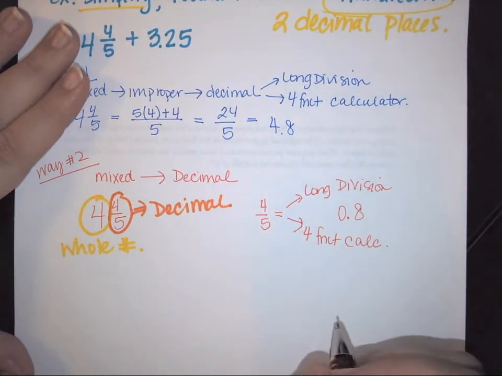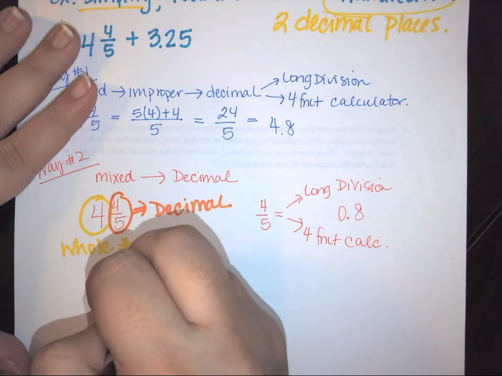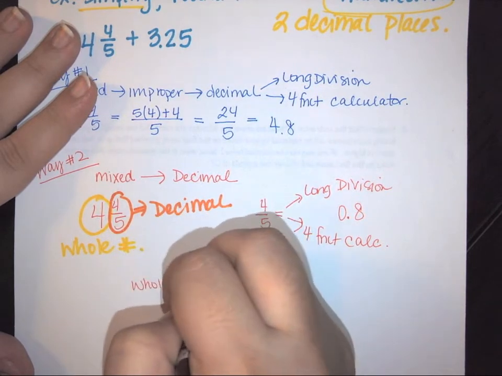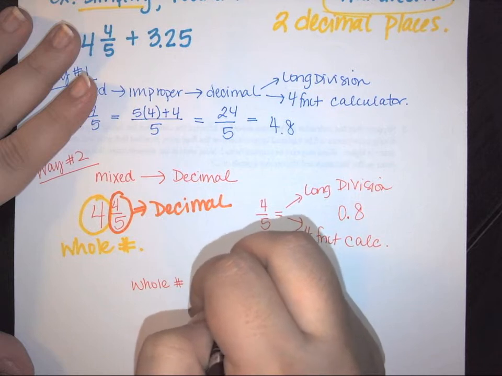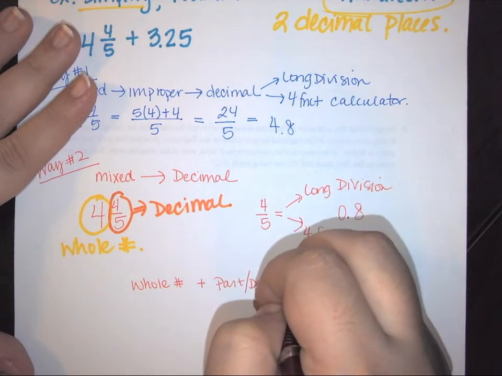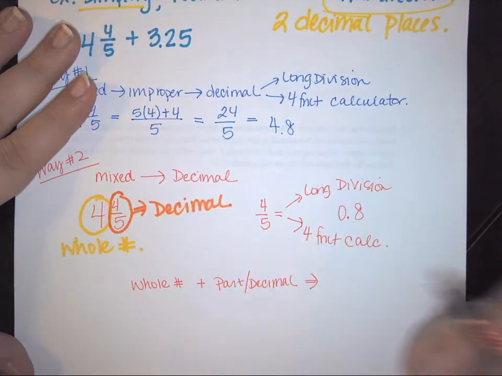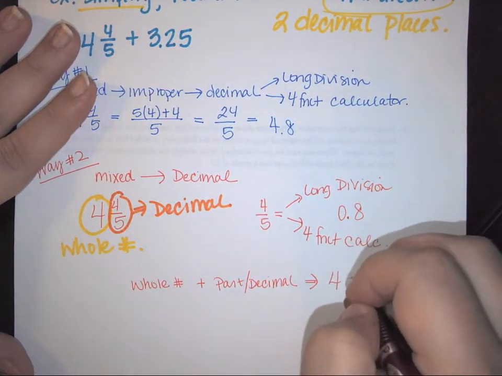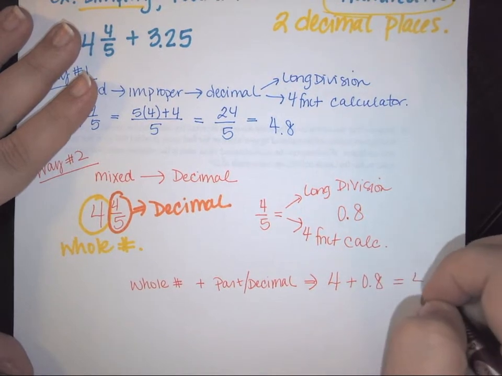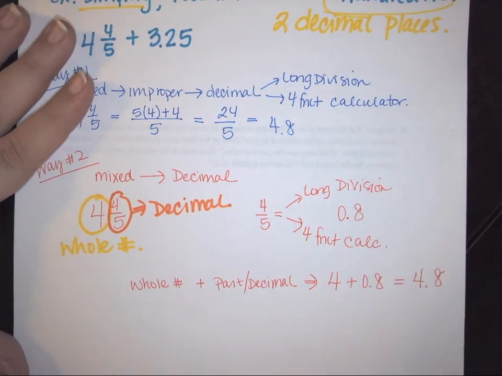So then, in order to actually get your decimal, what we're doing here is we are doing the whole number plus the part, which is the same as saying your decimal. So this is going to be 4 plus 0.8, which gives you 4.8.